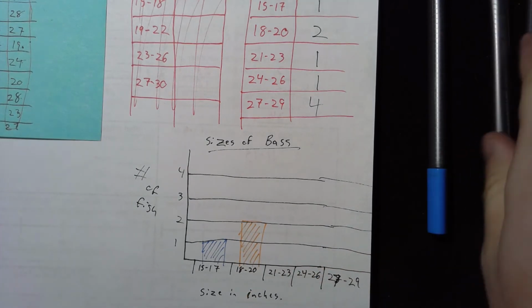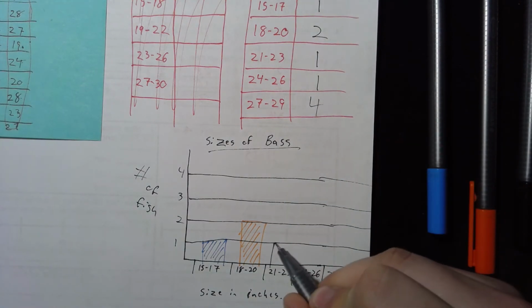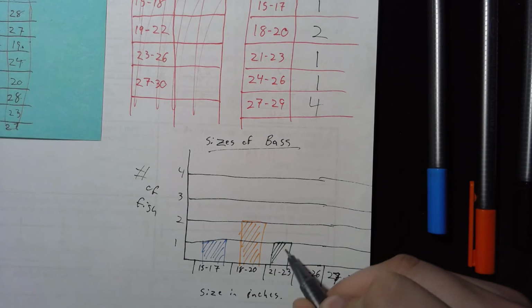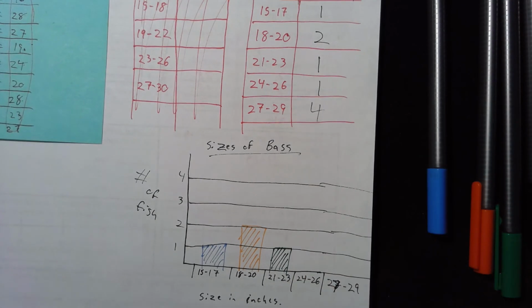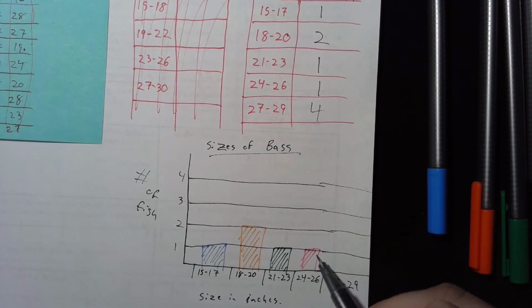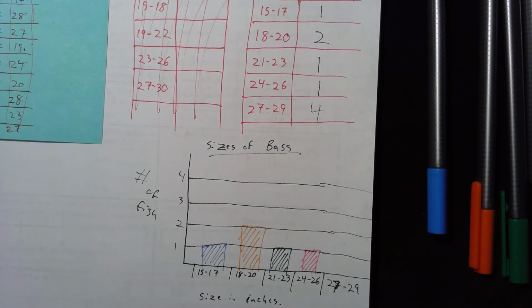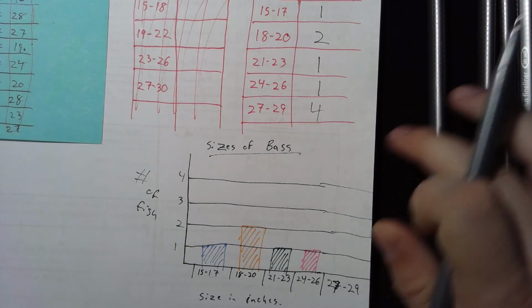Not going to waste time by coloring in all of that. My third bar goes up to 1. And my fourth bar goes up to 1 as well. And my final bar is going to go all the way up to 4.